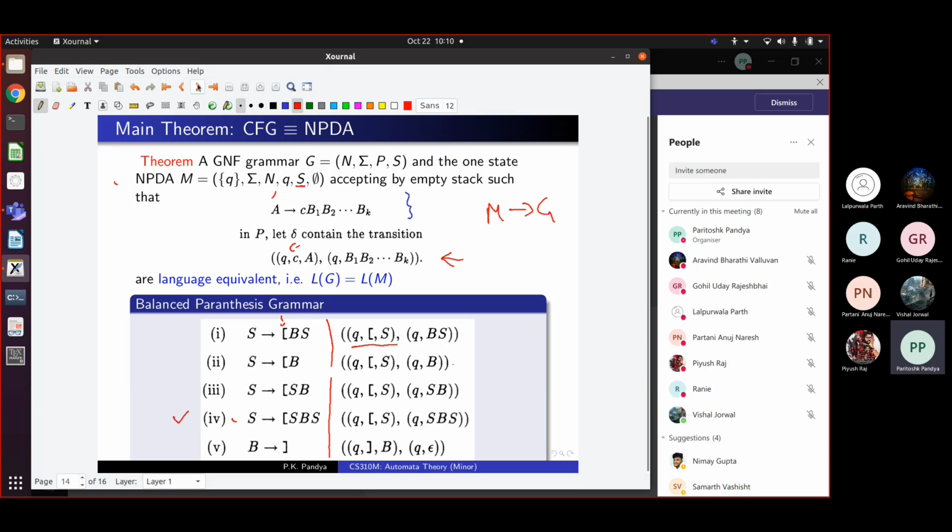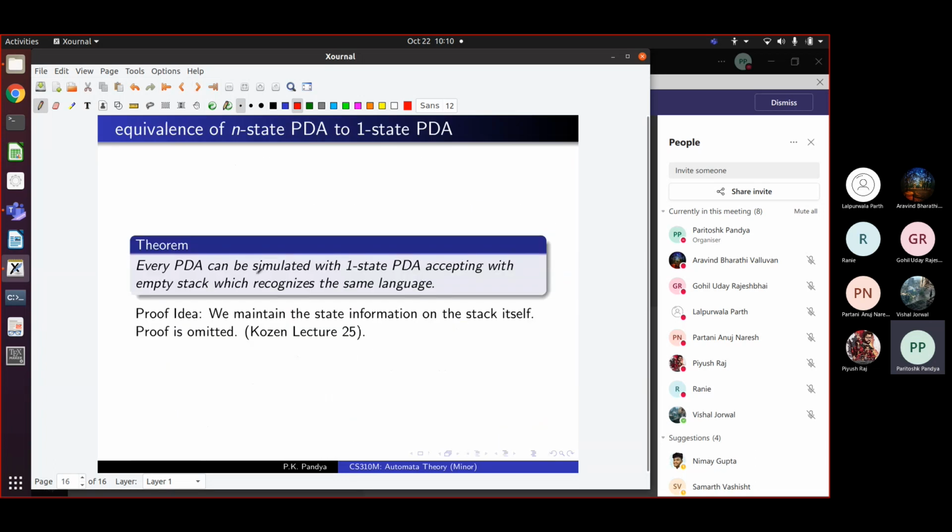Then what happens? There is a theorem that every PDA with any number of states can be simulated by a single state PDA which accepts with empty stack and recognizes the same language. So there is a transformation of an n state PDA into a one state PDA, and the way this is done is that we maintain the state information on the stack itself.